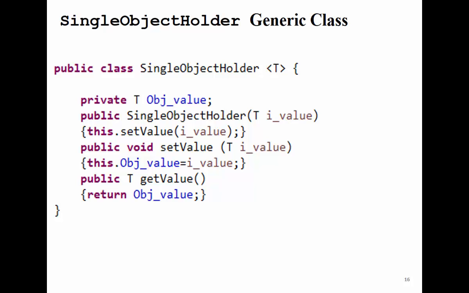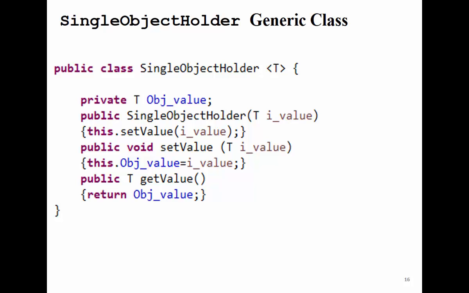I'm working with capital T as a normal object type. And then someone asks me to get and return the object. I will say public, I use capital T as a return type, and I return this.objectValue to the user. So I hold the object and return it to the user.